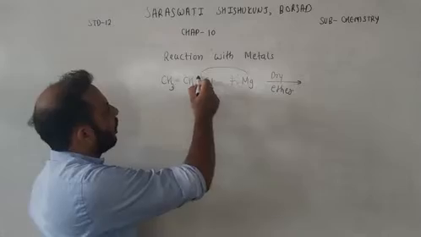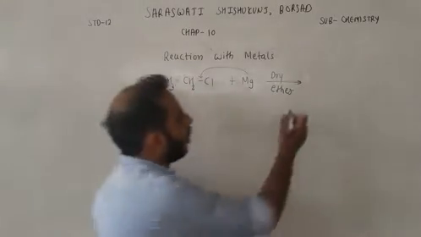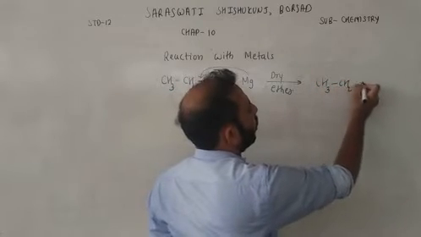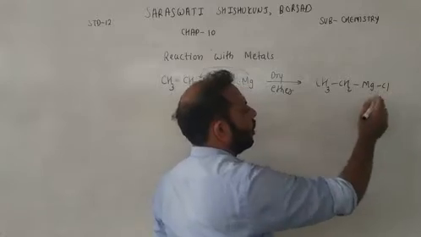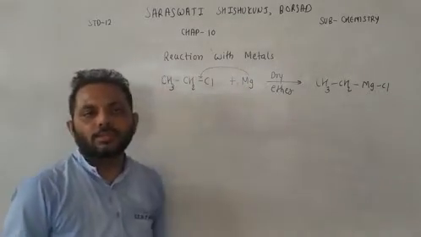Magnesium can react with halogen and it can also bond with carbon. So it will form CH3CH2MgCl, ethyl magnesium chloride.